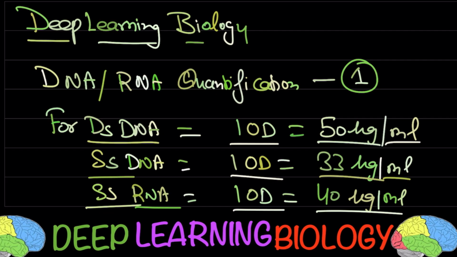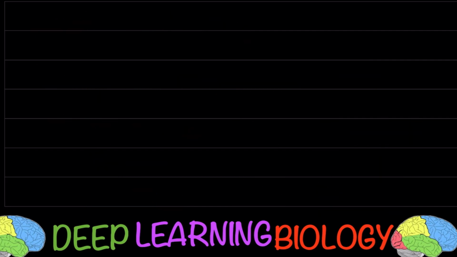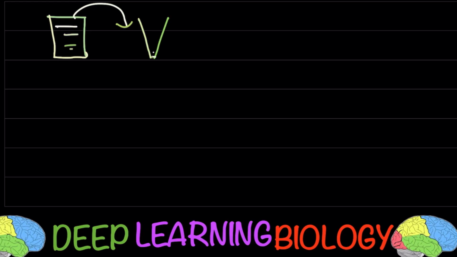Now here I also want to tell you, whenever you have to calculate, we are going to have a stock of DNA. From this stock you will take a few microliters, and the rest you will add water.